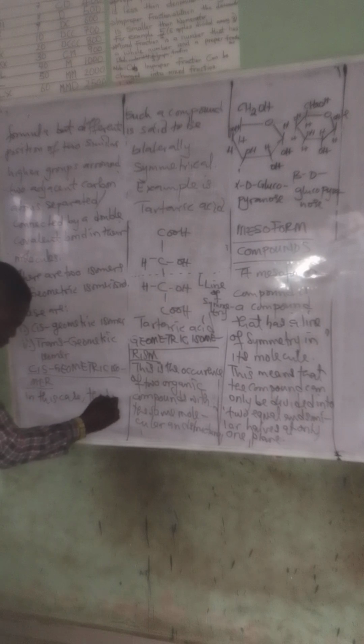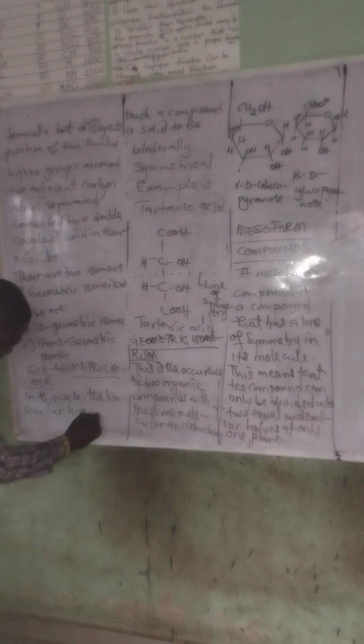Now, in the case of cis, the two similar groups are located at the same side.